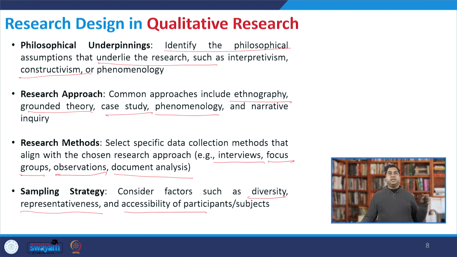The relevance of the sampling strategy can play a crucial role. Say you want to understand the historical significance of some old buildings in a city. Now if there are a total of 5,000 such buildings, then how many buildings will you take? So it all depends on the representativeness.